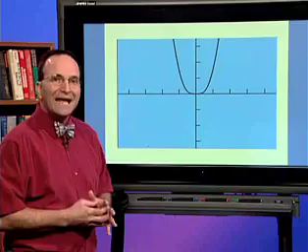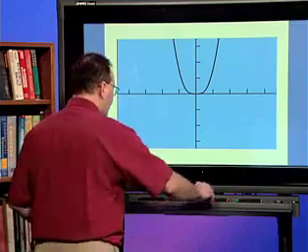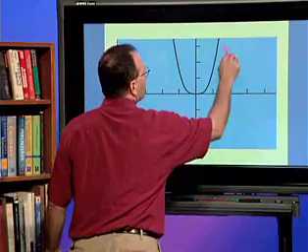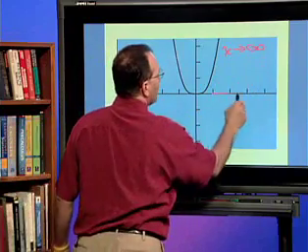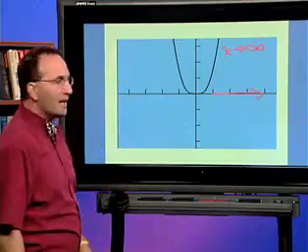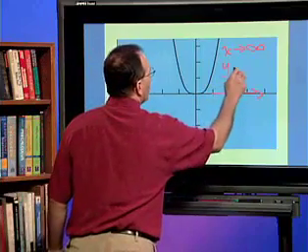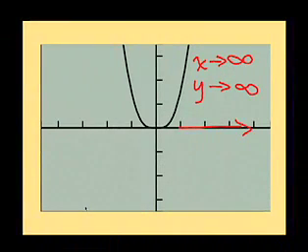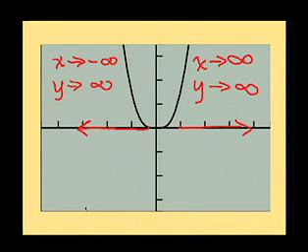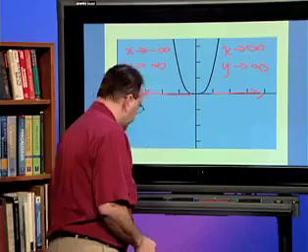For example, in this particular graph, what's happening is this. As x approaches infinity, that is, as the values of x go off in that direction, the value of y is approaching positive infinity. And on the other side, as x approaches negative infinity, that means as x values go in this direction, y is approaching positive infinity.